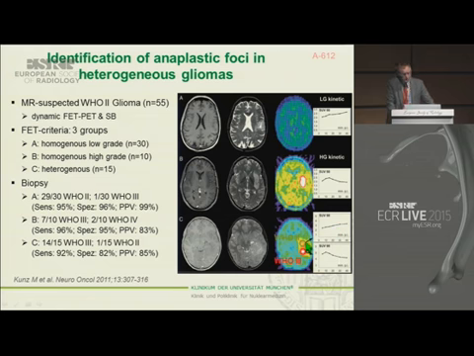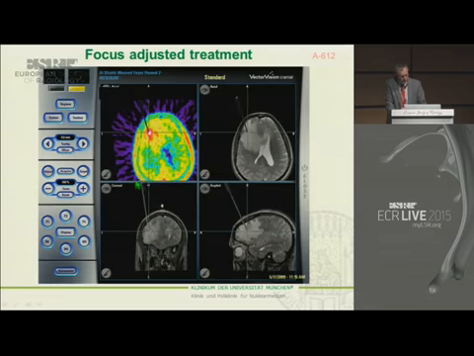So you do not need to do that painfully by region of interest now. We can do it on a voxel-wise basis, where the ones with the increased kinetics appear red, and the other ones green, or you choose the color you want. With this approach, we have a relatively good sensitivity and specificity and excellent positive predictive value in identifying these anaplastic tumors and guiding the biopsy so we can plan the further treatment for the patient.